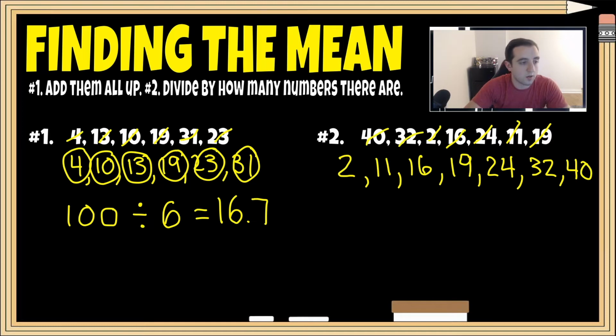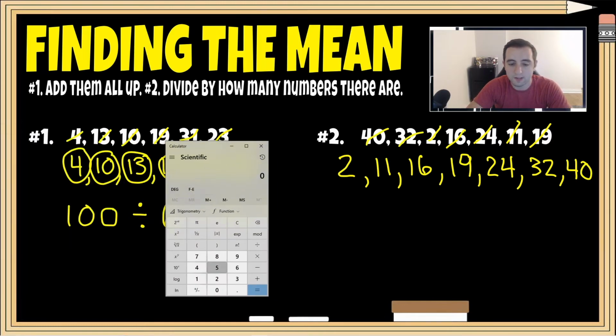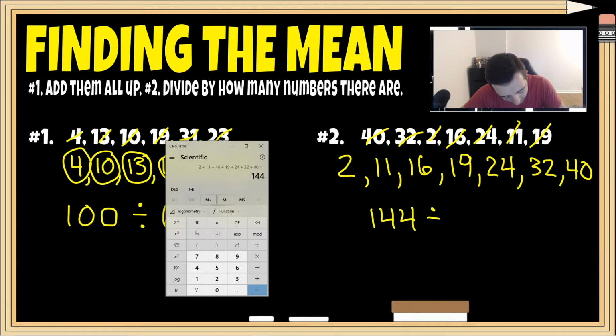And once again, we are going to go ahead and add all of these together. So we have 2 plus 11, then we have 16, followed by 19, 24, 32, and finally 40. So our sum this time around is 144, and then we're going to divide it by how many numbers are in our list.